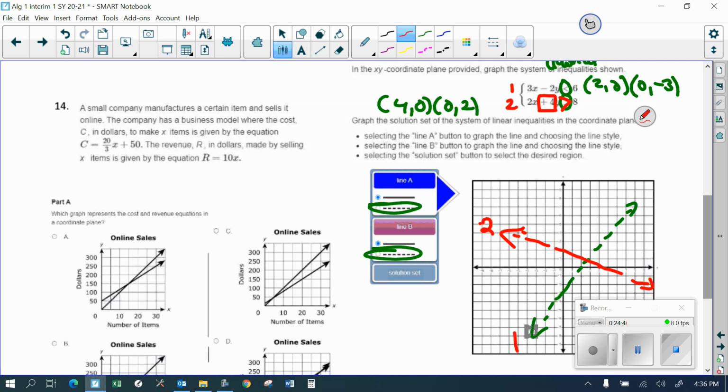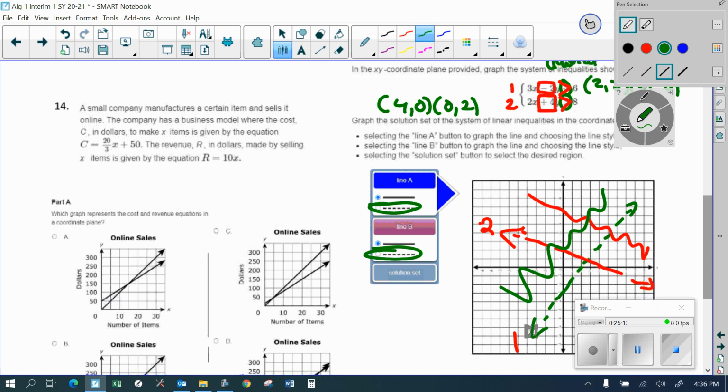On line 2, I'm shading above, which should be up here. On line 1, the coefficient on the y, and I don't care about the x, is negative, so I have to switch the inequality sign. So it becomes greater than. So I'm shading above on the green.